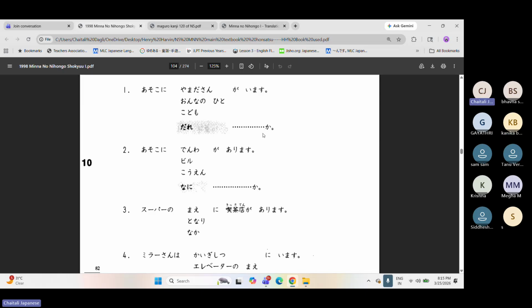This is the main textbook. Page 104, 10th chapter. Can't find it. Yeah, chapter 10, page 104 of your PDF. Got it.